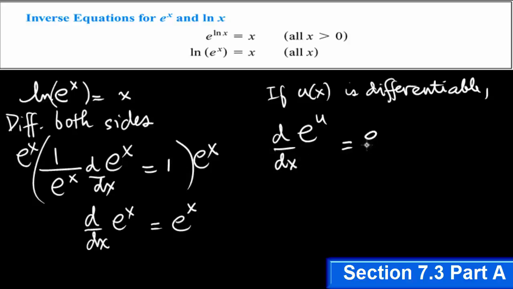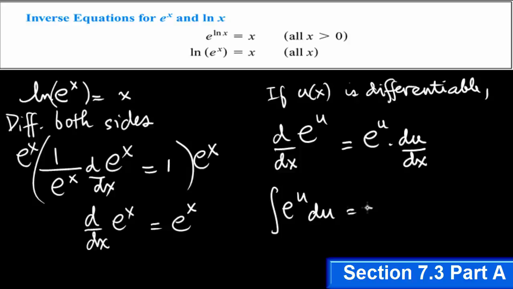It's going to be e to the u times du/dx by the chain rule, because of what we derived here. Incidentally, if we want to reverse everything and take back the original function, the integral of e to the u du would just be e to the u. We're getting it back, plus, of course, a constant.